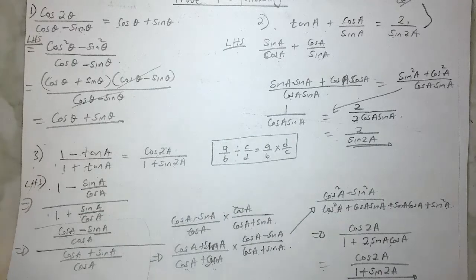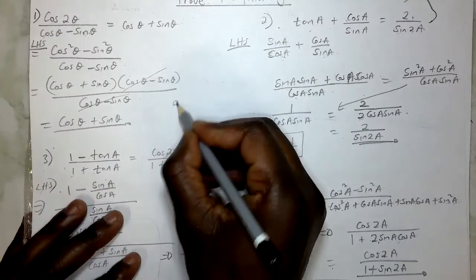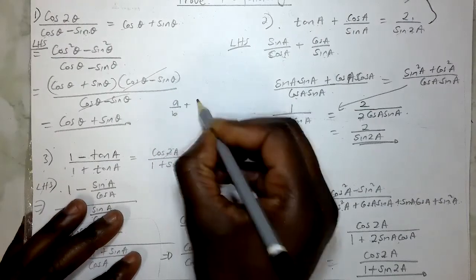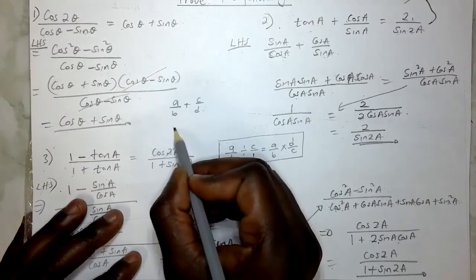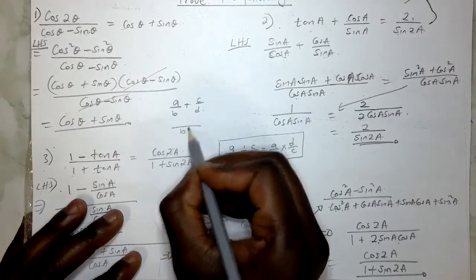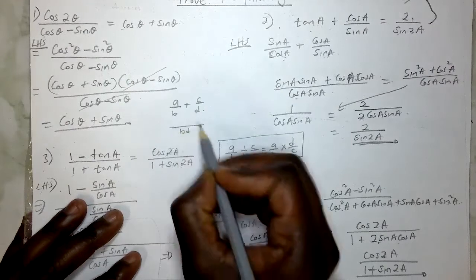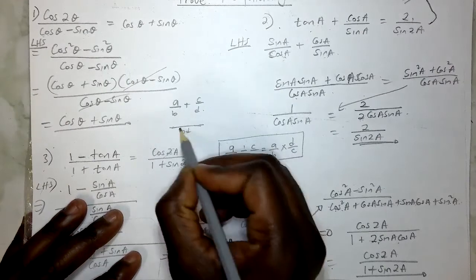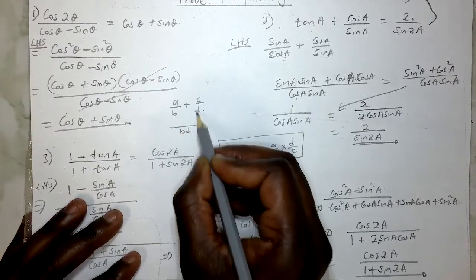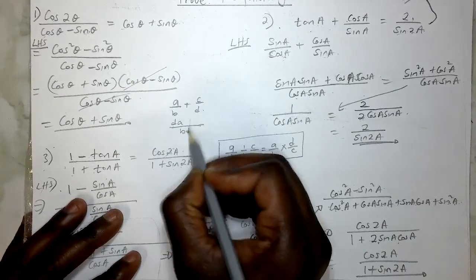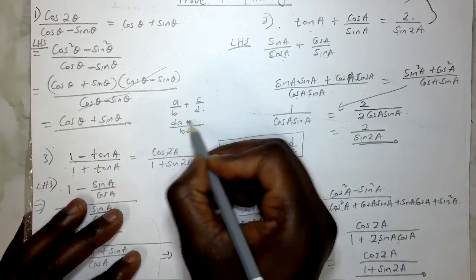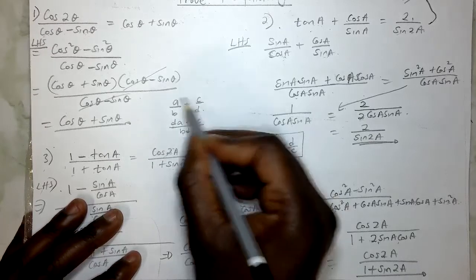For example, A over B plus C over D. We know that the common denominator will be BD. Then B into BD gives D, so it's going to be DA, then D into BD gives B, so plus BC.